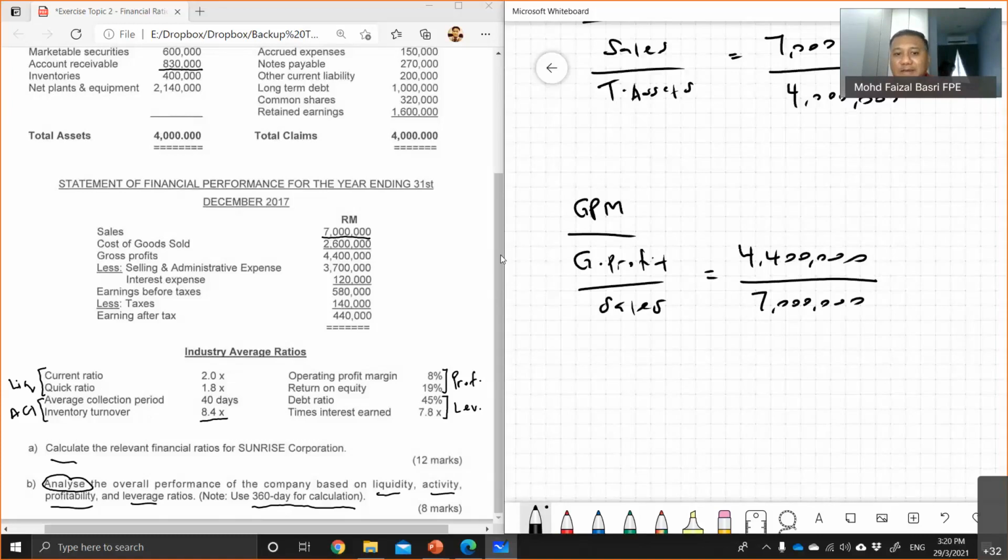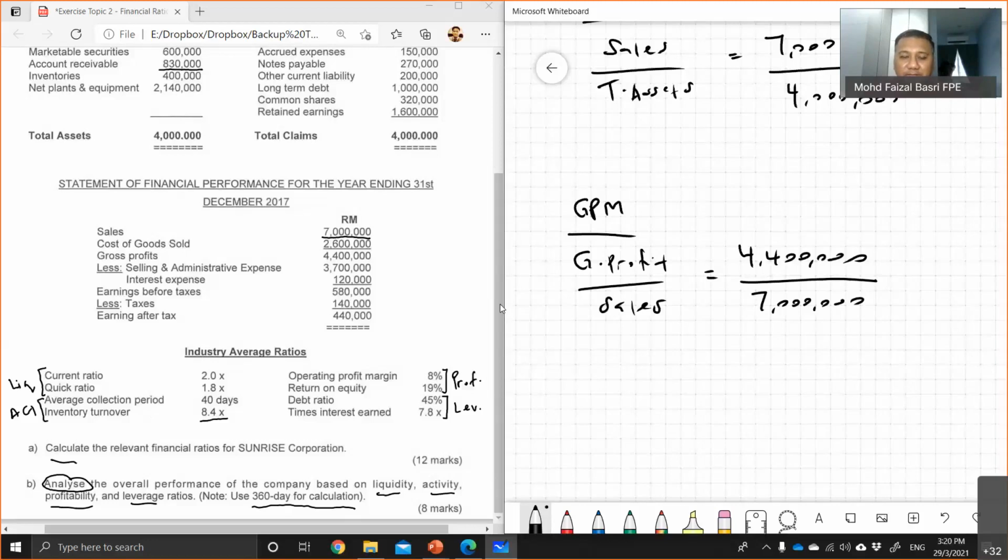Since margin, our measurement will be in percentage. You look at the question. This is another hint I also mentioned last week. If you cannot remember whether it is times, days, or percentage, look at the question. They will give you a hint here. So here we can know whether to multiply with 360 to get days or multiply 100 to get percentage. If it's in times, we don't have to multiply anything.